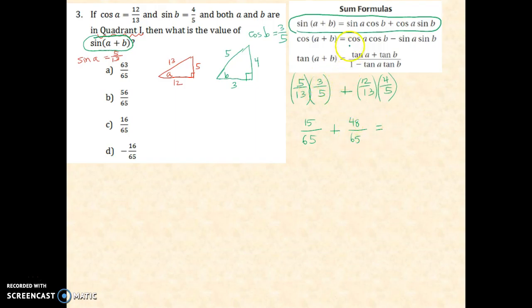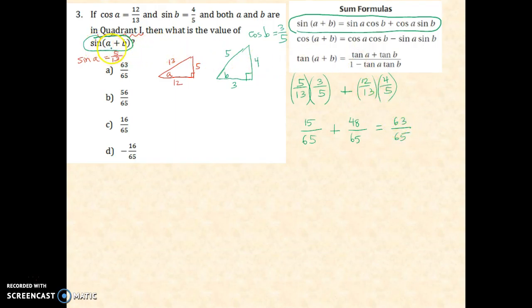And now it's a good thing that we said it was in quadrant 1 and that these were both positive. So I know that these are both positive, and I'm adding these numbers together. 48 plus 15 is 63.